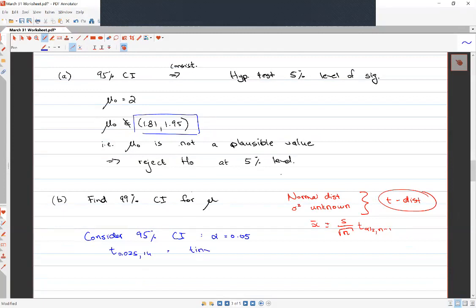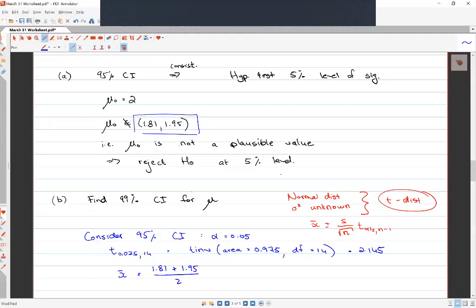On your calculator, you would use t inverse. The area would be equal to 0.975 and the degrees of freedom would be equal to 14, and you would find a t-value here of 2.145.